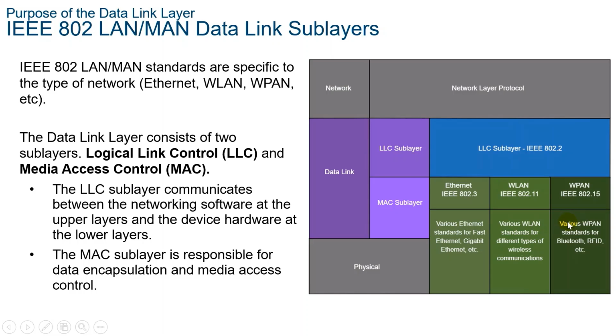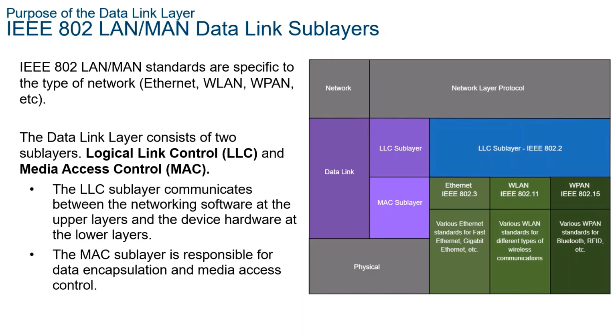The LLC sublayer takes the network protocol data, which is typically an IPv4 or IPv6 packet, and adds layer 2 control information to help deliver the packet to the destination node. The MAC sublayer controls the NIC and other hardware responsible for sending and receiving data on a wired or wireless LAN or MAN medium.